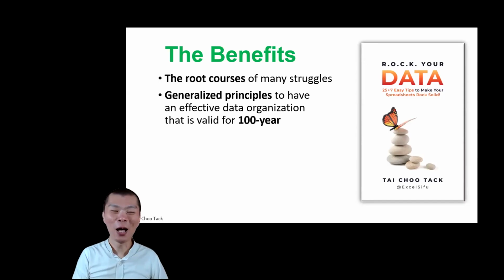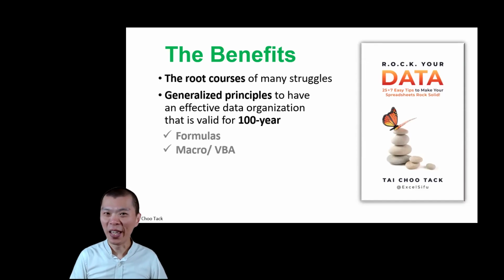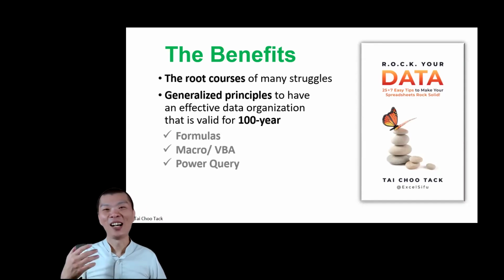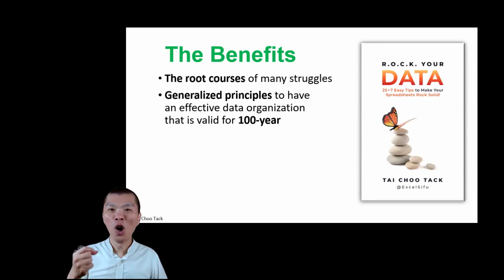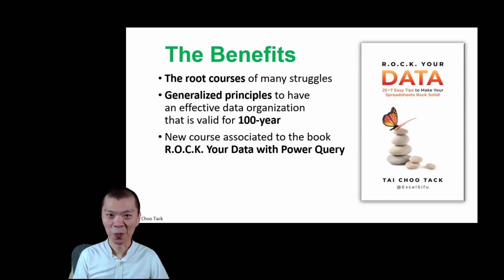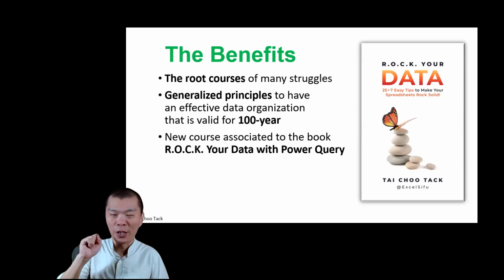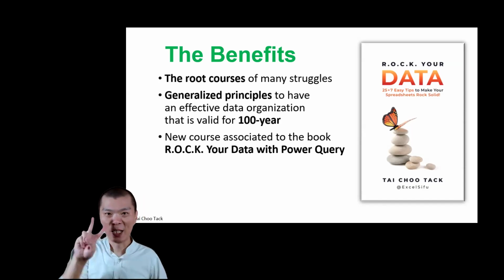Because in Excel, there are many ways to achieve the same results differently. We could use a formula, macro VBA, or Power Query. Later on, we are going to use that. We are also able to use Python and some other methods. And there's one specialized course called Rock Your Data with Power Query. Whatever you are learning today is extracted from this 2-day course.